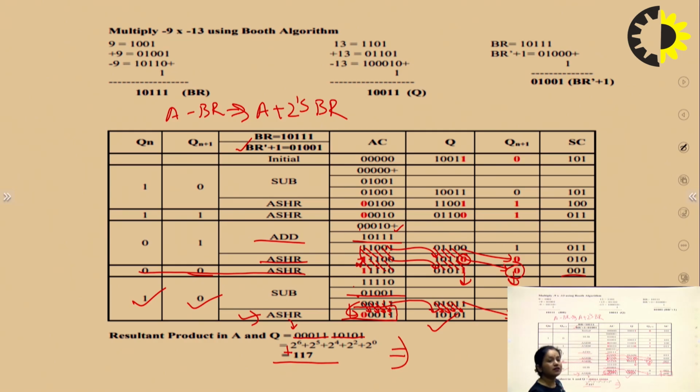If you solve the same question with plus 13, you can solve it with the same steps I have told you. But for the value of 13, we will not take the 2's complement. We will take it directly because the number is positive. Okay. And we need to represent it in the same number of bits as the value of QR, the multiplicand.